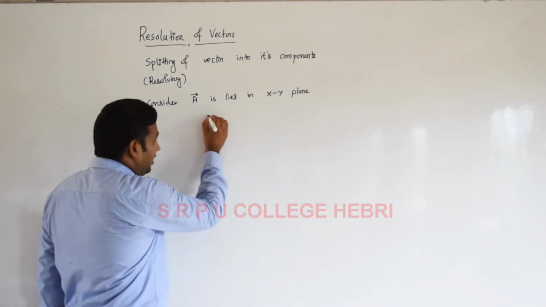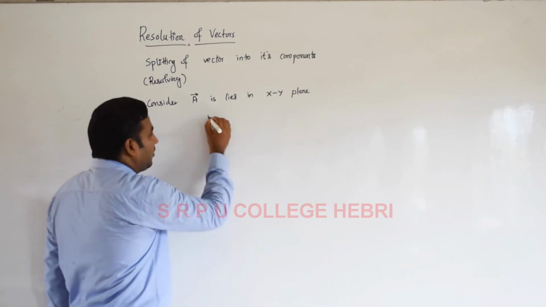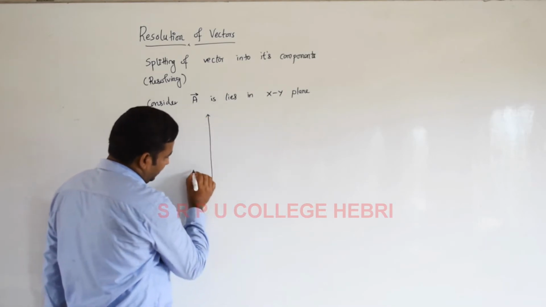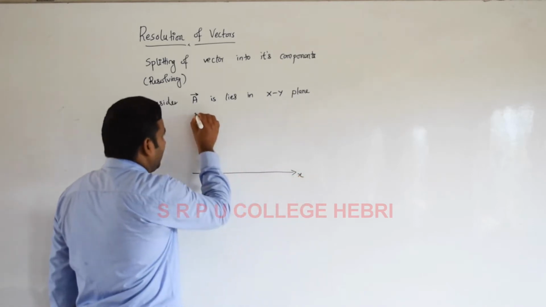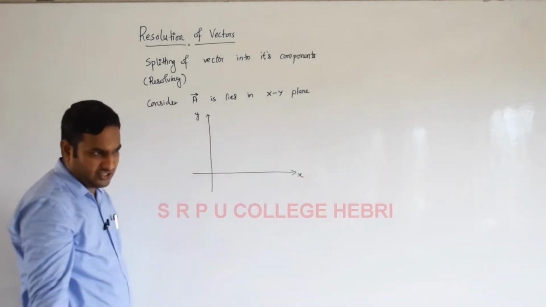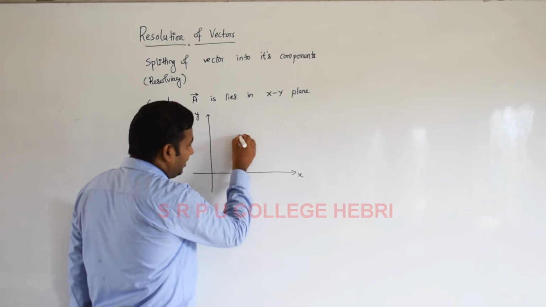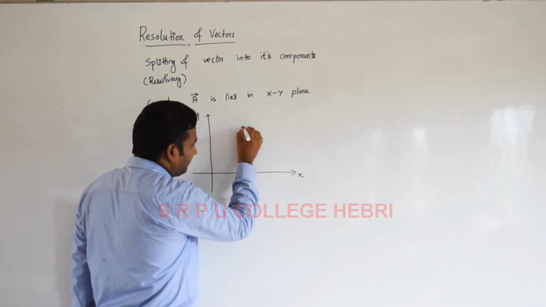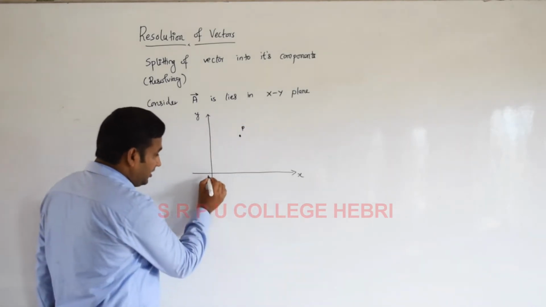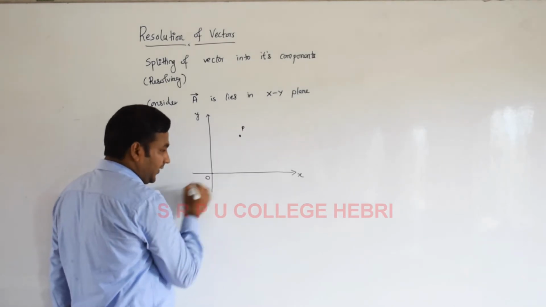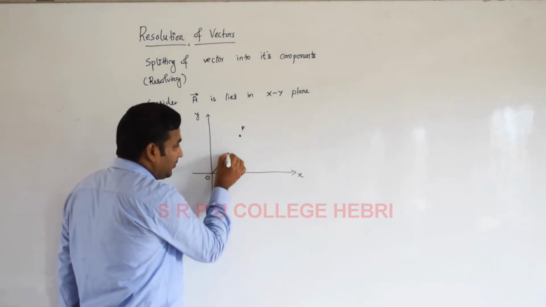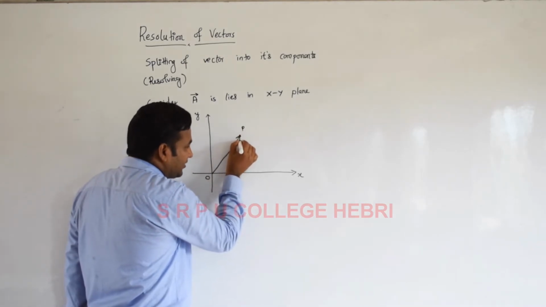Dear student, I consider this one as the y axis and this one as the x axis, like this. Somewhere here I consider a point P, and this particular point is taken as O. Here I consider the tail of the vector, and here I denote the head of the vector, like this.